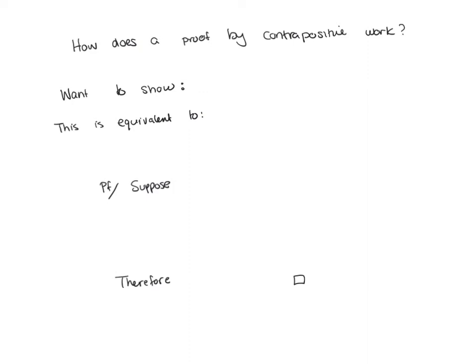So how does a proof by contrapositive work? We're trying to show some statement of the form P implies Q, some conditional statement, that this is logically equivalent to its contrapositive, not Q implies not P. So what we're really going to do here is a direct proof on that contrapositive. That's what a proof by contrapositive is.